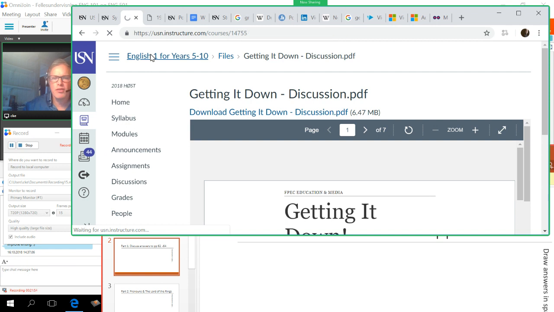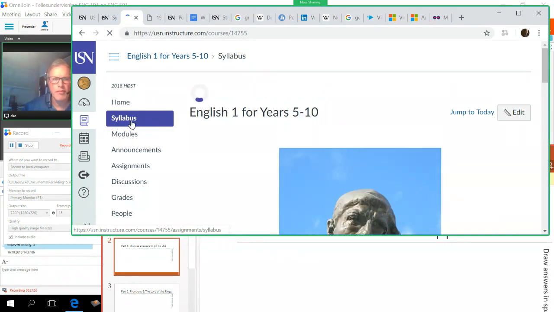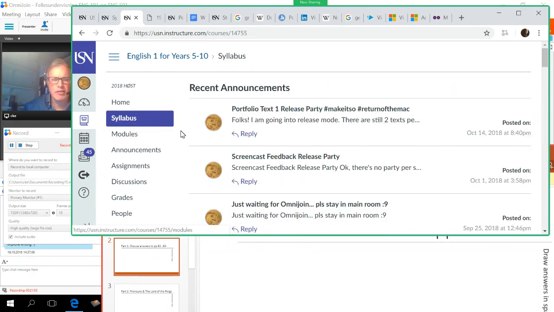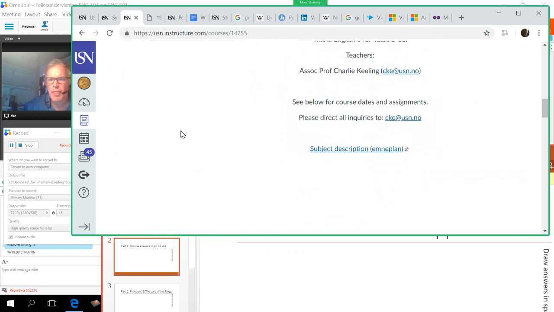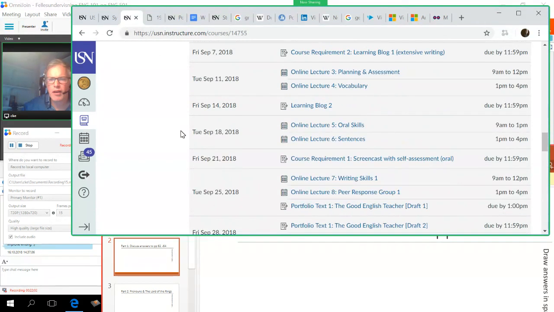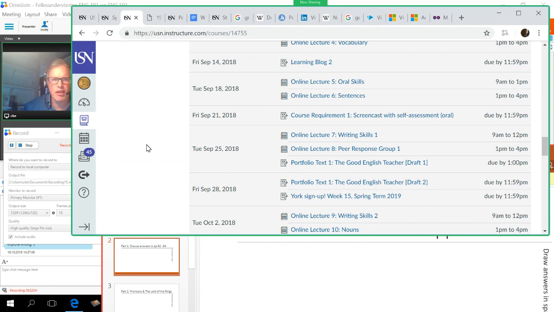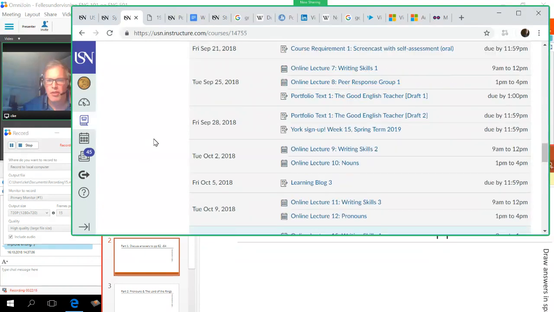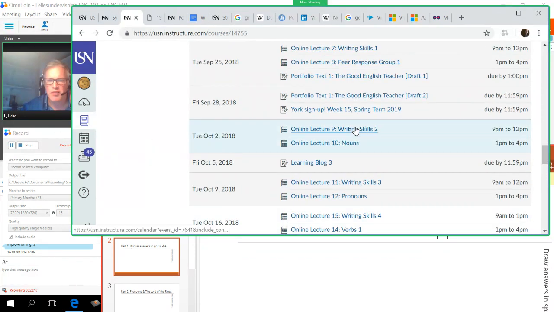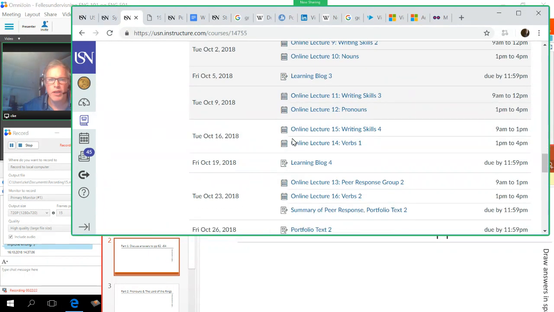So if we go back to here, I'm in 5 to 10. Do finish up and just share with me or drop me a line on your Google Docs from today. You've got the expository, the summary, and you've got the argumentative or persuasive, the response. If you want to continue with your work there, you can get assessment for learning from your teacher. We are on the 16th.